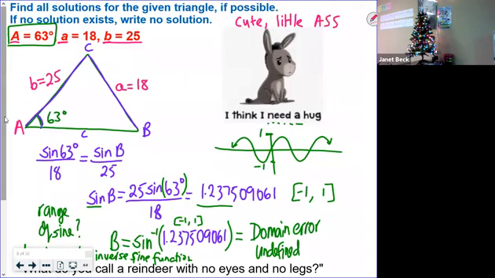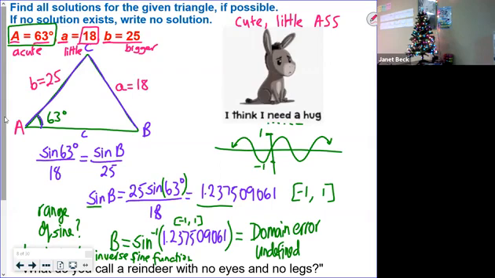Look what we were given. This is an acute angle, and this side here is little. The corresponding side is little compared to the other side we were given. When you've been given an acute little ASS, you have not got a cute little problem.